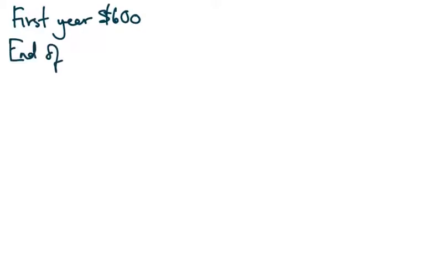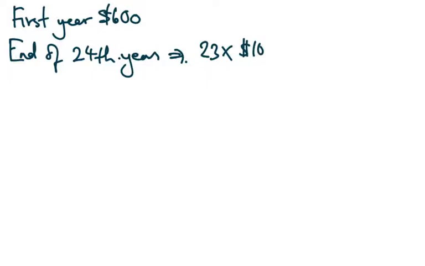So first year she gets $600. And then at the end of 24th year, how much will she be getting? On the first year, by end of first year her bonus is 600, but on the 24th, meaning she has worked another 23 years, so it should be 23 times $100.